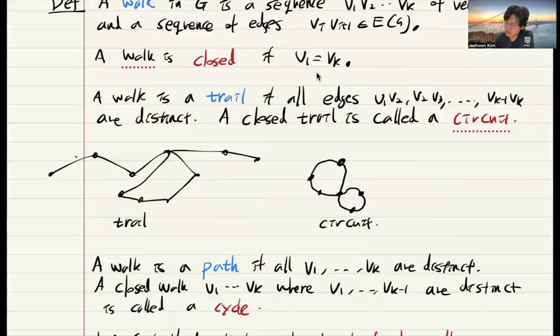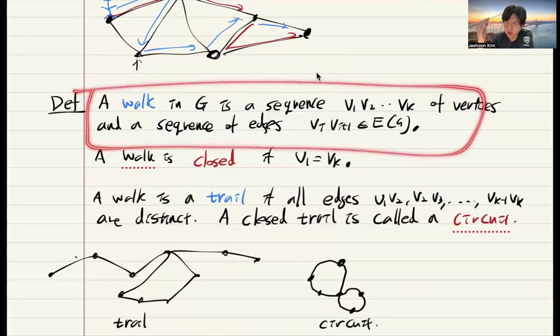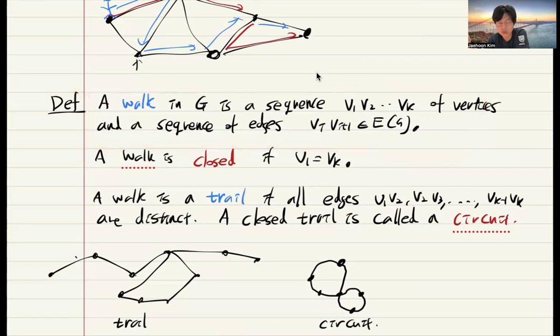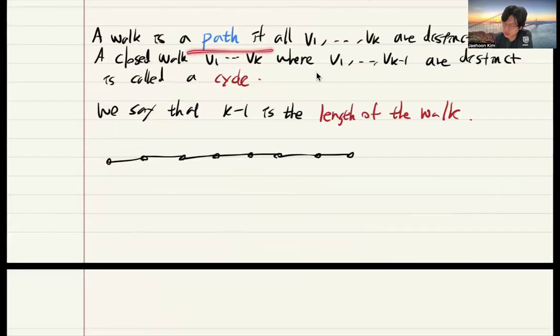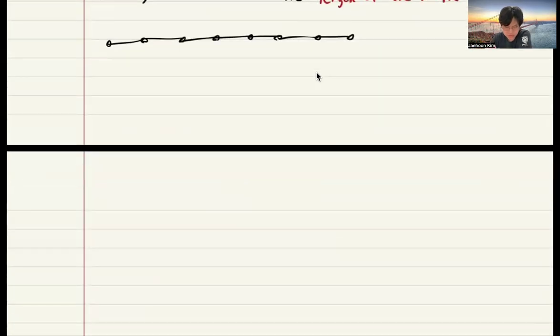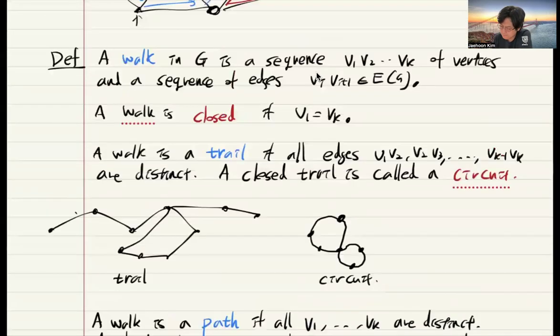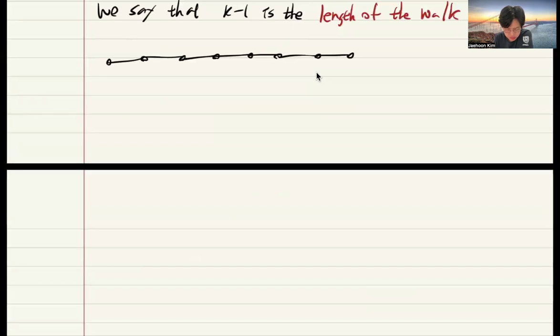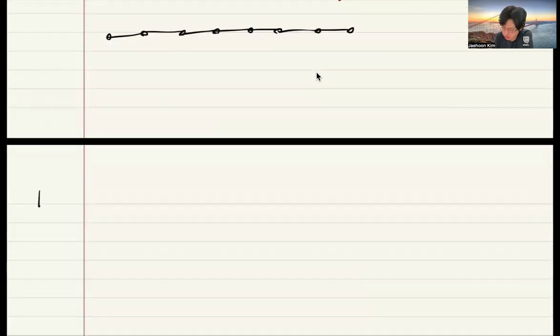But in fact, even if we define walk as the object we wanted to deal with in the connectivity problem, we can actually see that the path is the essential object that we want to deal with, because of the following lemma, let me say proposition.